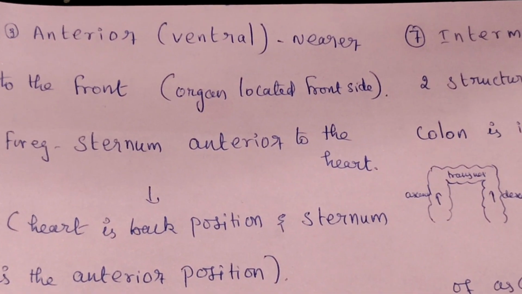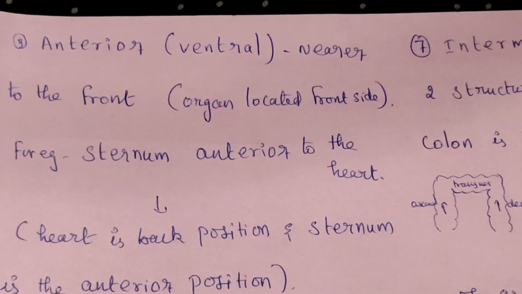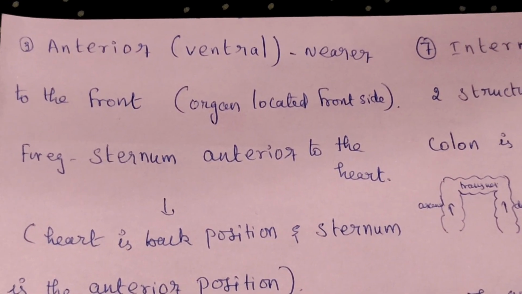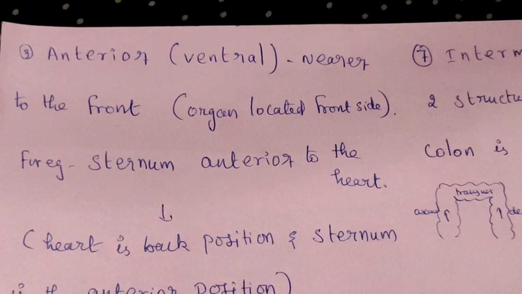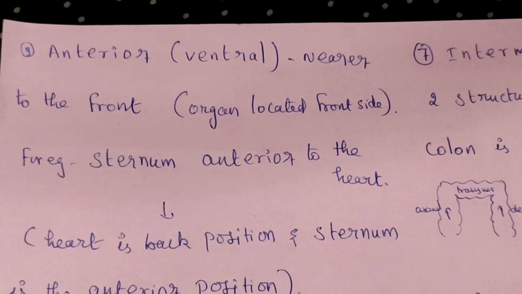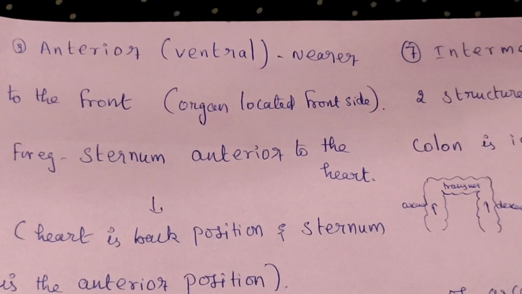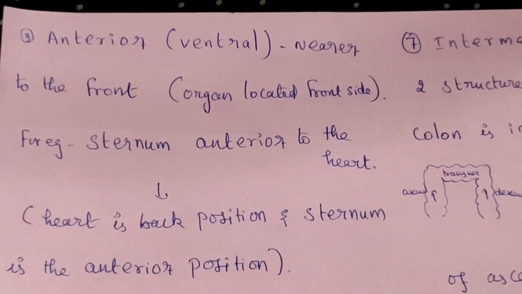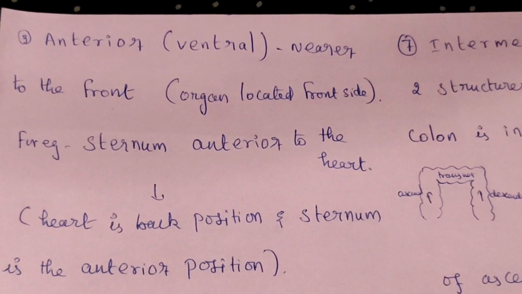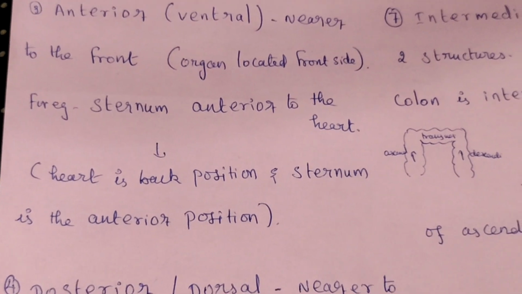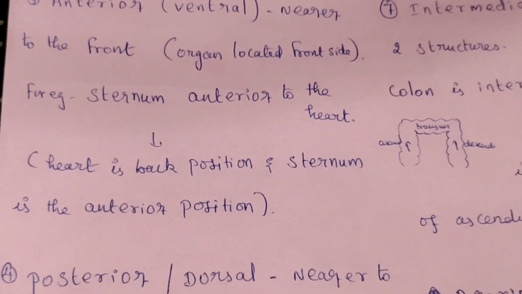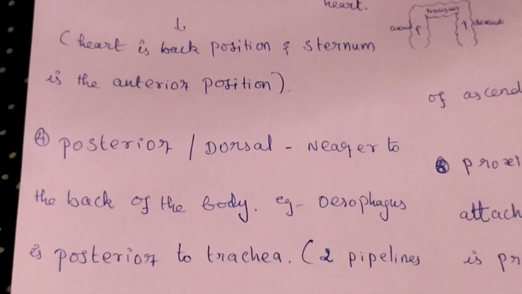Now coming to anatomical positions. First is anterior or ventral position. This is nearer to the front, an organ located on the front side. Example: the sternum is anterior to the heart. The heart is in the back position and the sternum is in the anterior position.